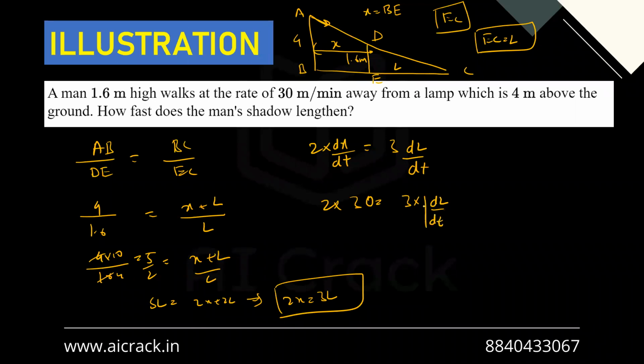We have to find dl by dt only, right? We have to find how fast this man's shadow lengthens, so basically the rate at which this particular shadow is increasing. So that would give me dl by dt equals 20, right? 20 meters per minute. That should be your answer.